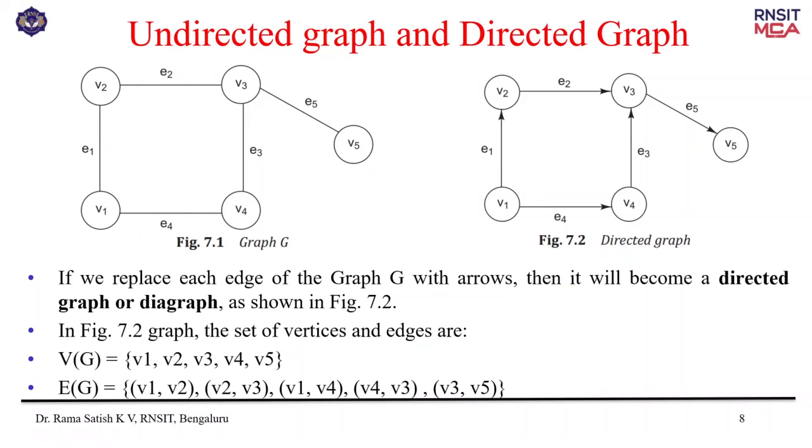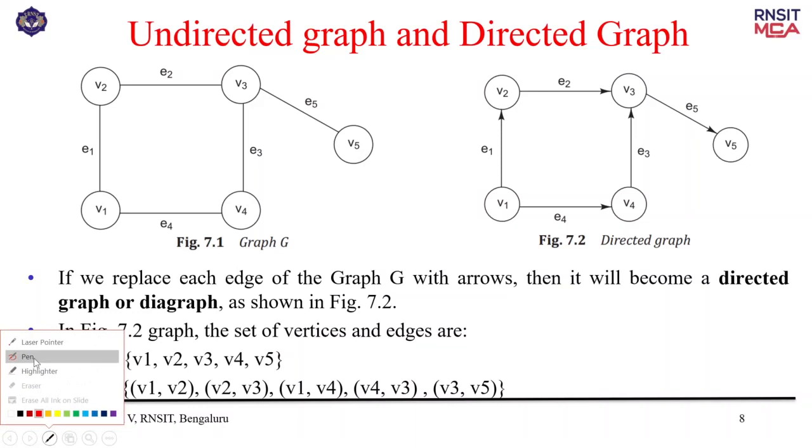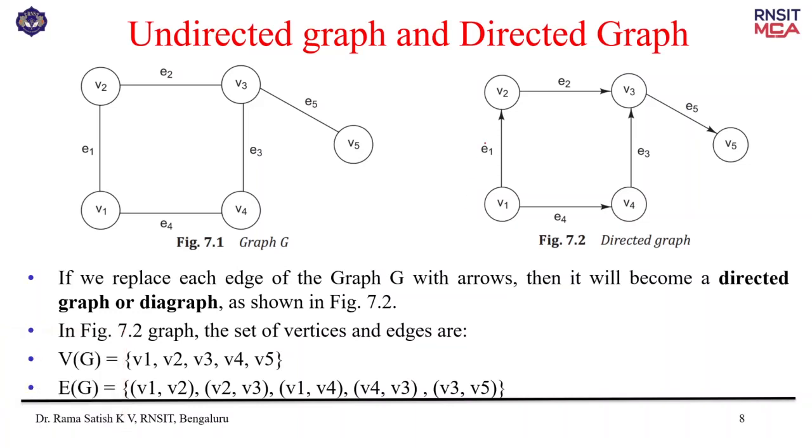Here, E of G, the edges of the graph G, includes all the edges that are given unidirectionally, in one direction. V1 to V2, there is a link V1 to V2. So you just write them. Look here, V1 to V2. That is what you call E1, edge 1.